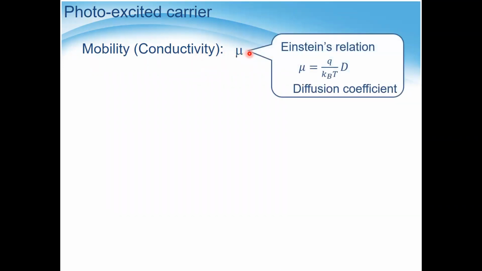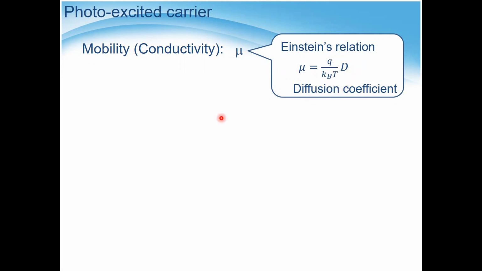So in the case of photoexcited charge carriers, we are interested in the mobility or conductivity, mu. And this is related by the Einstein relation, so mu and D. D is a diffusion coefficient.